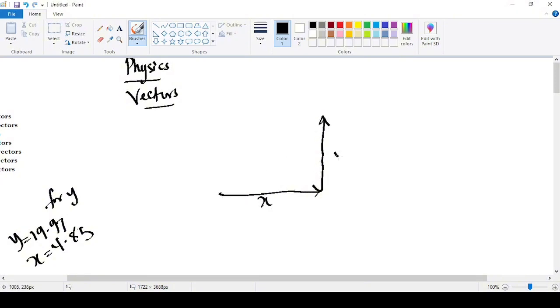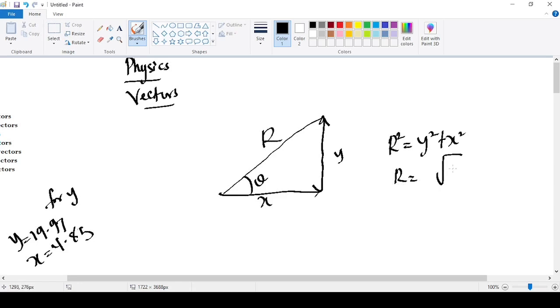So we have our x, we have our y. Then we have our resultant here and the angle of the resultant here. So our R squared will be equal to y squared plus x squared. R will be the square root of y squared plus x squared. Our y is 19.97 squared plus x 4.85 squared.